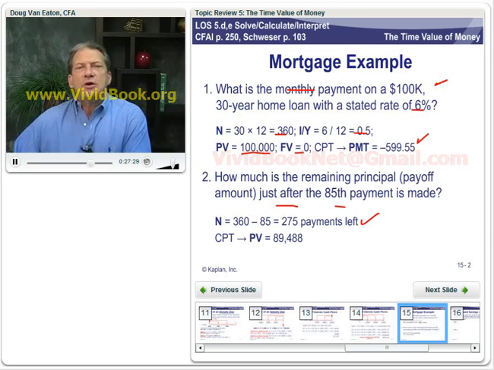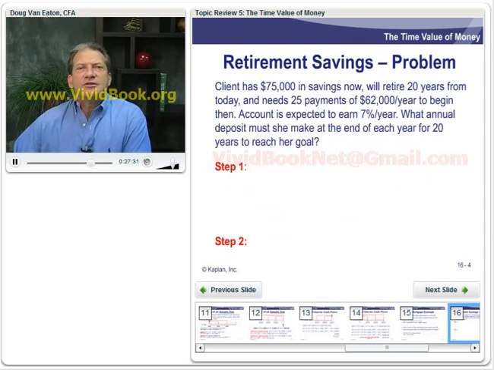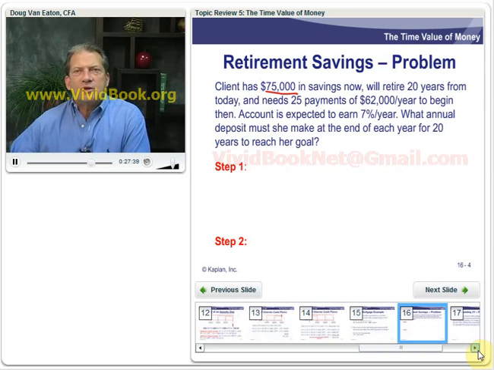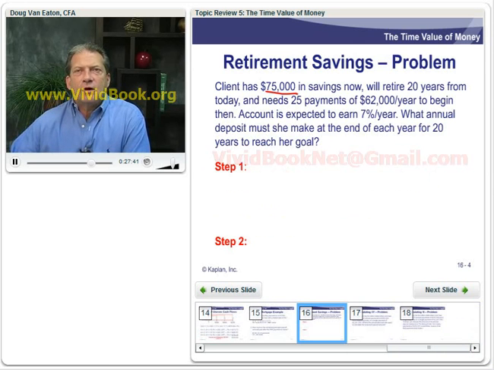Let's take a look going the other way now. Retirement savings problem. Our client has $75,000 in savings now. Retire 20 years from today. Well, in our notation, that's always T equals 20 periods from now. The client needs 25 payments of $62,000 a year to begin then.